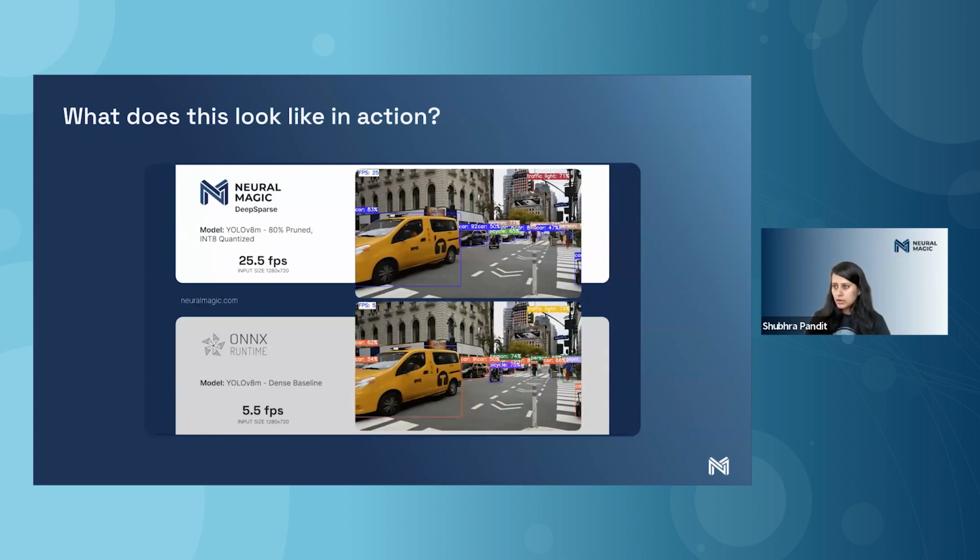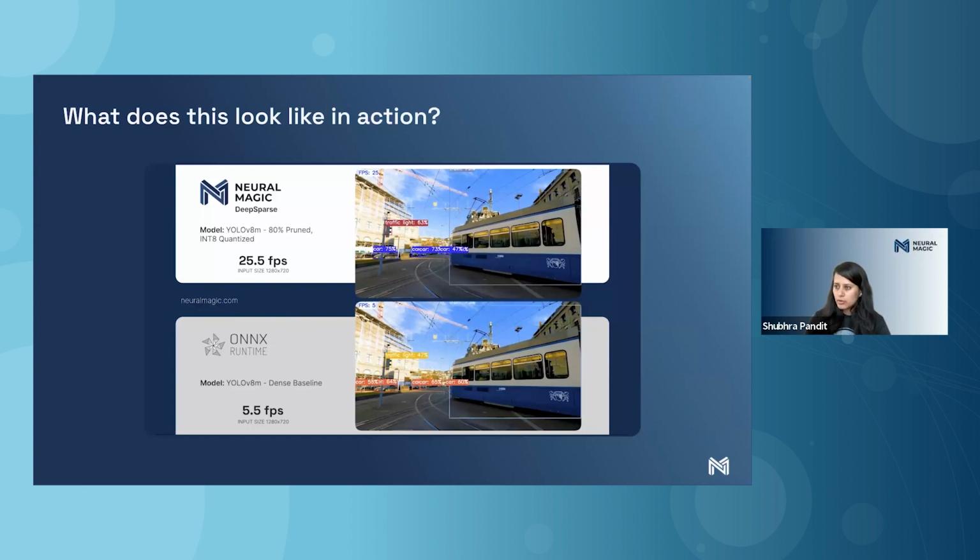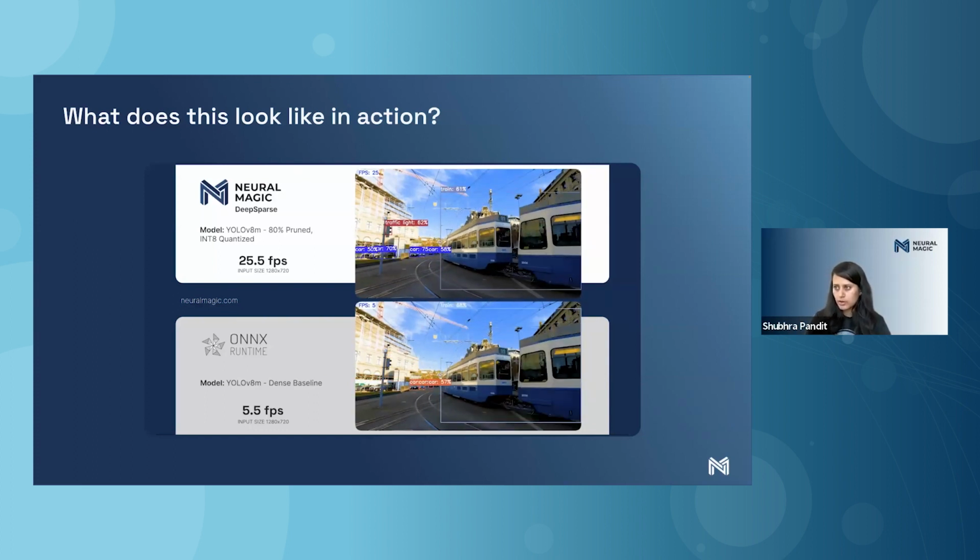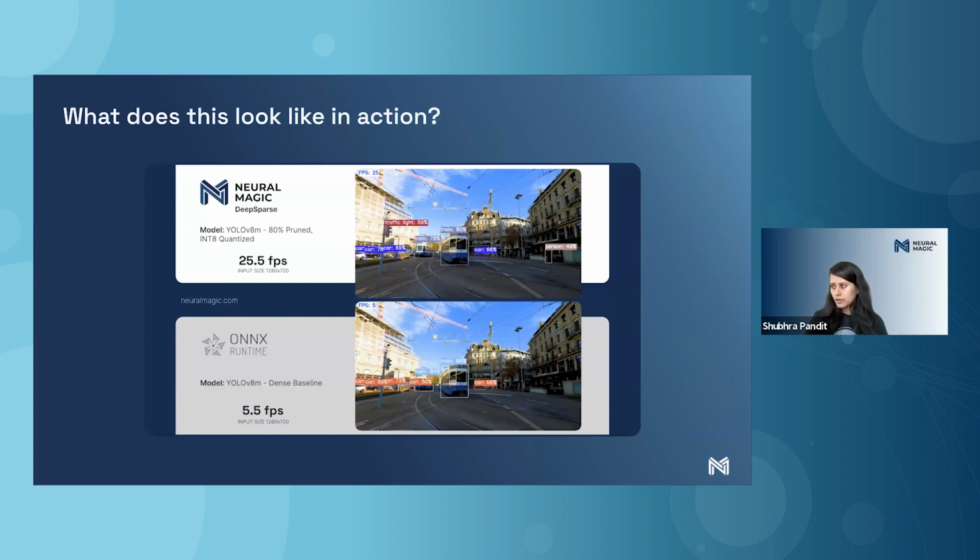As you can see, we achieve about a 5-times improvement in performance with our pruned quantized model running on the DeepSparse engine. It is almost real time, and gives you much better performance compared to the ONNX runtime running the dense baseline.